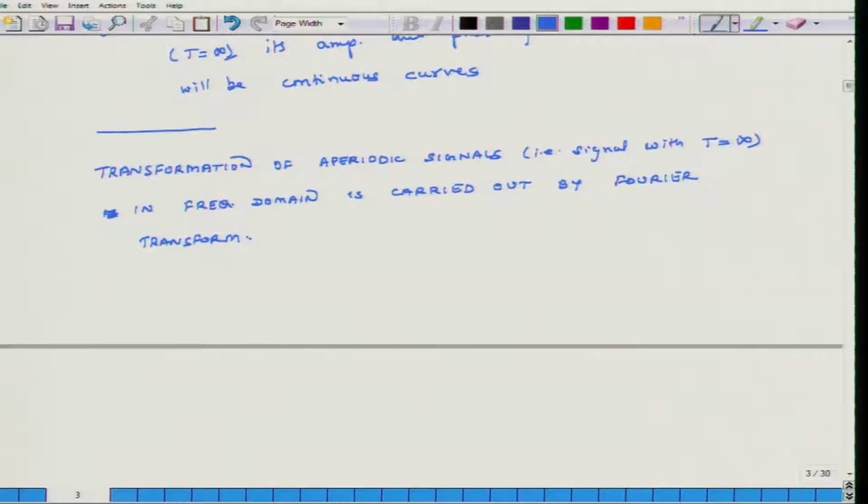Okay. So, what does a Fourier transform do? You have a signal which is not necessarily periodic, you use a Fourier transform and you can find out its frequency components, and at what frequencies you will find these components. You will find its components at all possible frequencies.